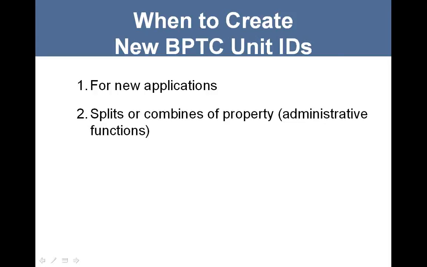We haven't told you that you have to do it one way or the other. Obviously, once again, those splits and combines are going to come back up. So if you're retiring in order to get new unit IDs for splits and combines, it's likely that your vendor software is going to do that in one fell swoop, but it doesn't have to happen that way.